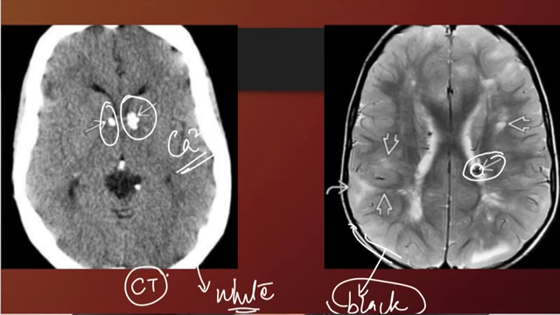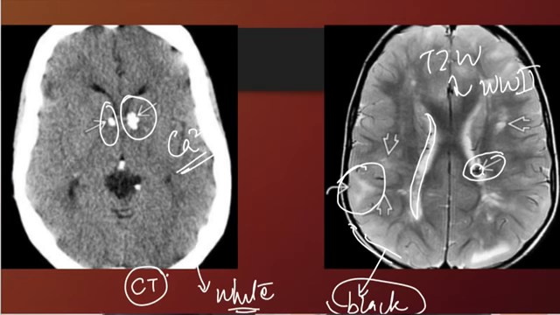Again, what you can see here as pointed by this curved arrow is a cortical based T2 hyperintense lesion. This is a T2 weighted image because water is white on T2, and the ventricles here, or CSF here, which is water, and water is white on T2, as we remember by the World War II rule, is hyper.